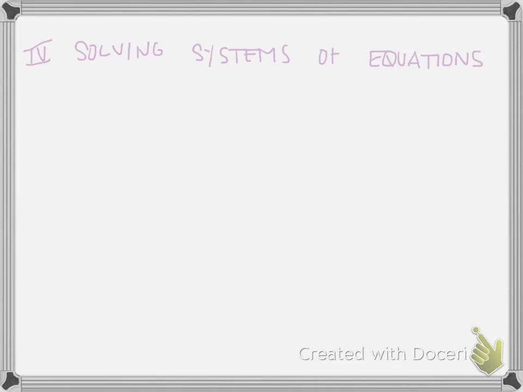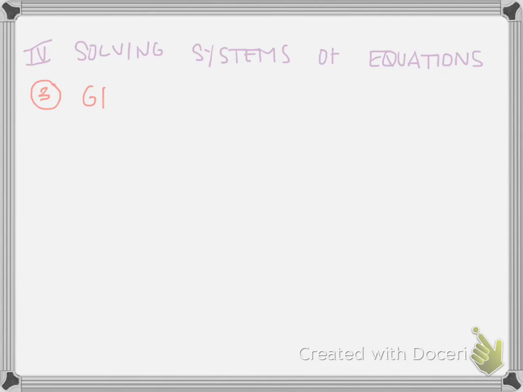Solving systems of equations means that you have 2 linear equations, and you're going to figure out where they intersect. There are 3 different ways to solve systems of equations.